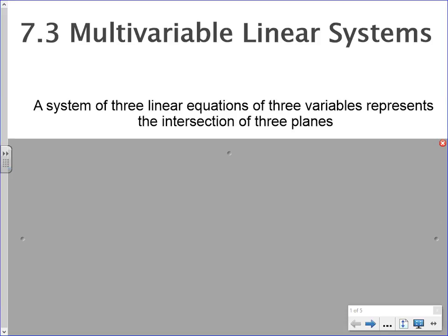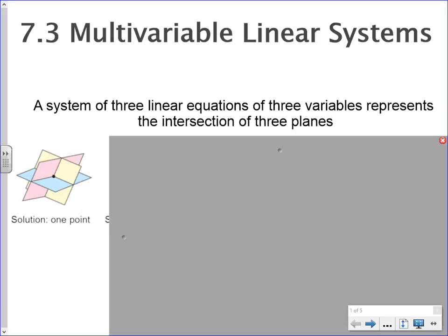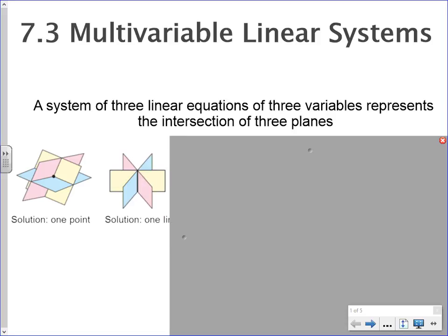Well, let's look at some pictures. Most simple, they could intersect at 1 point, and that is what we're going to see the most. We could intersect at 1 line, which means there would be an infinite number of solutions.